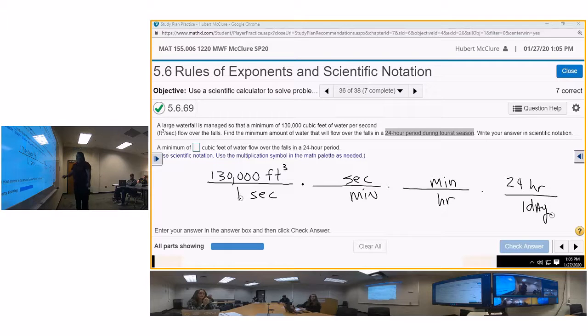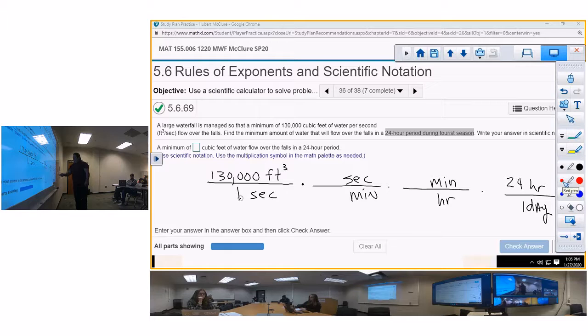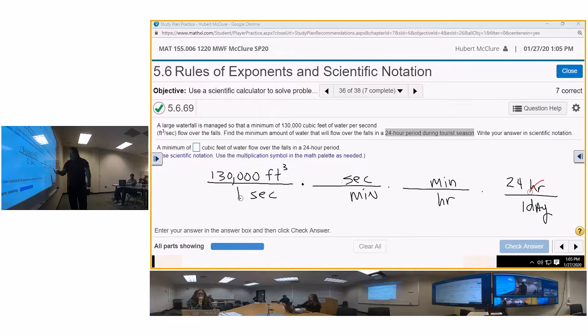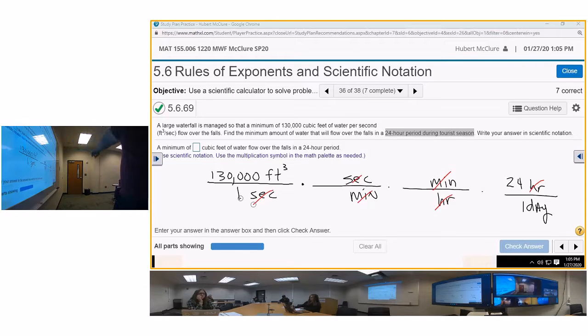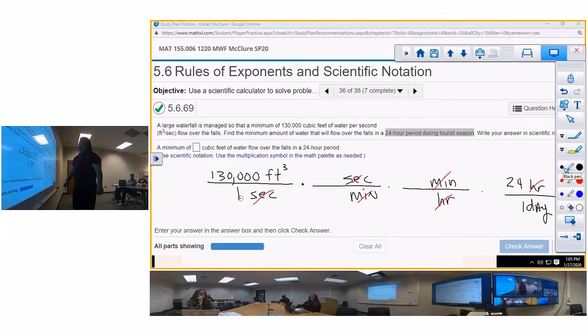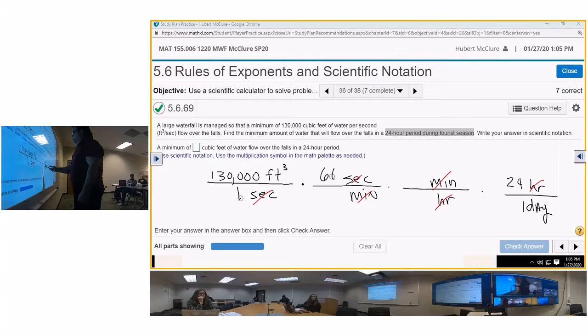And now we can cancel the units. Hours cancel, minutes cancel, seconds cancel, and that leaves cubic feet per day. Now we got to put the numbers in. How many seconds are in a minute? And how many minutes are in an hour?